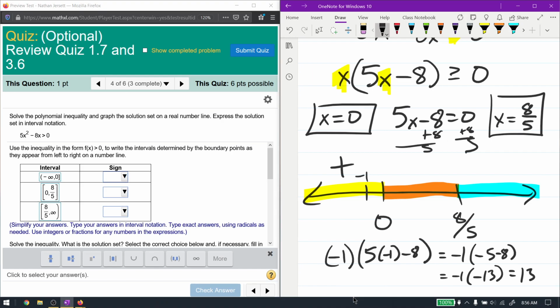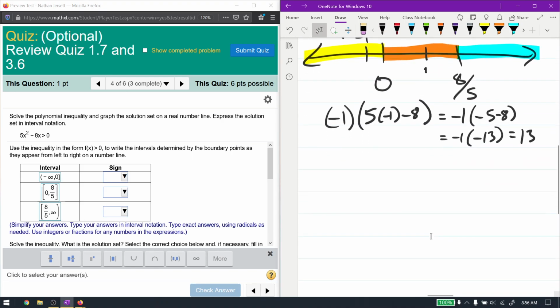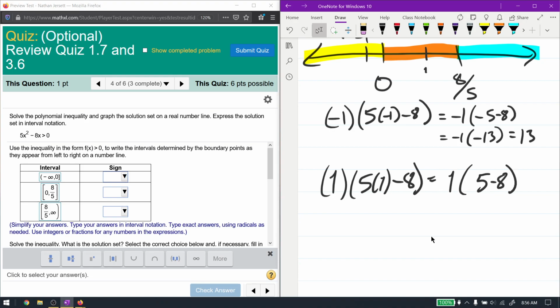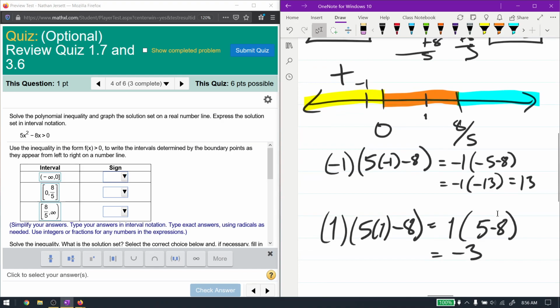Now we can test +1. We have 1 times (5 times 1 minus 8). It's going to be 1 times 5 minus 8, which is -3. -3 times 1 is -3, which is a negative interval.